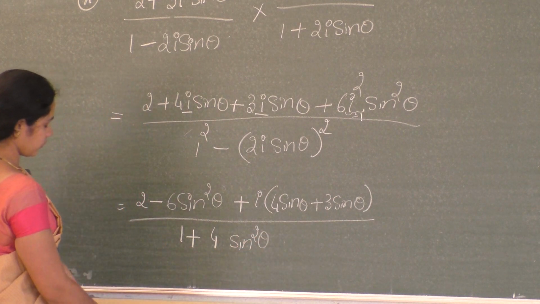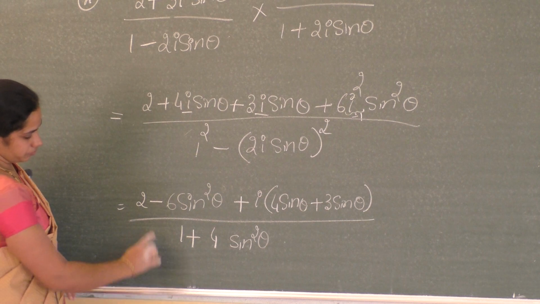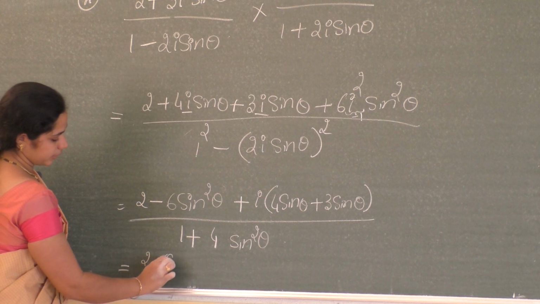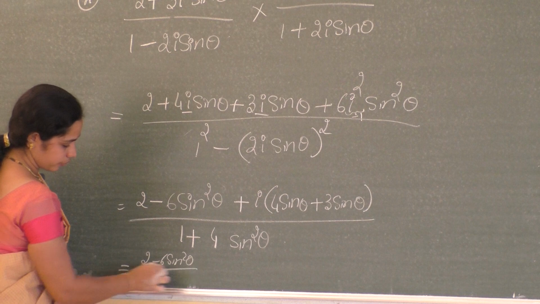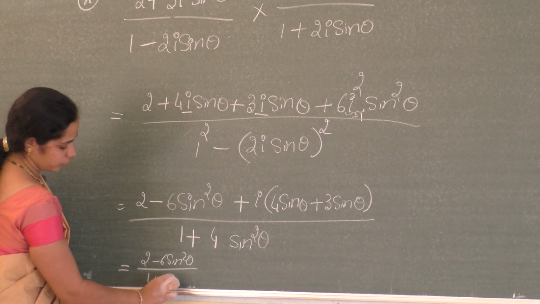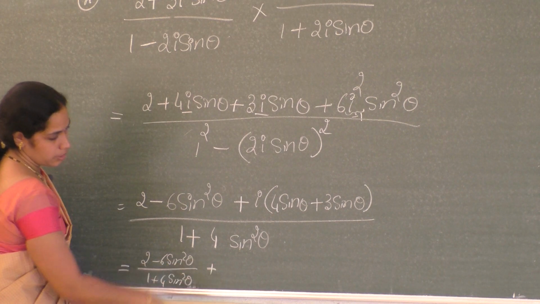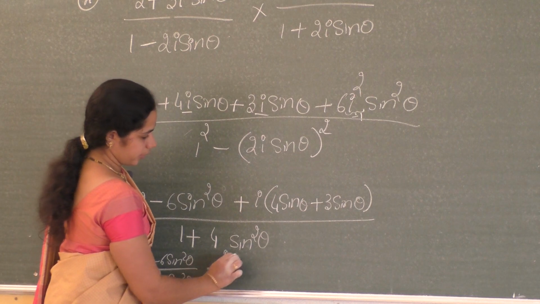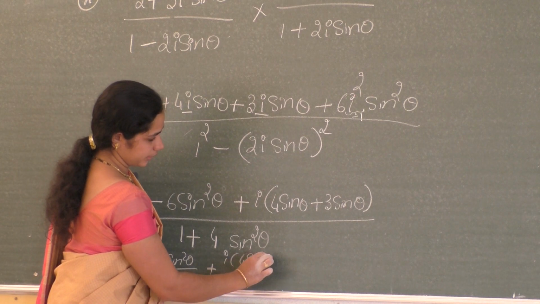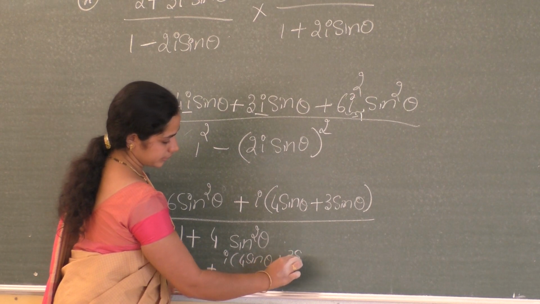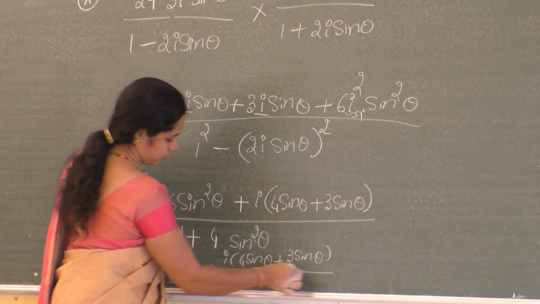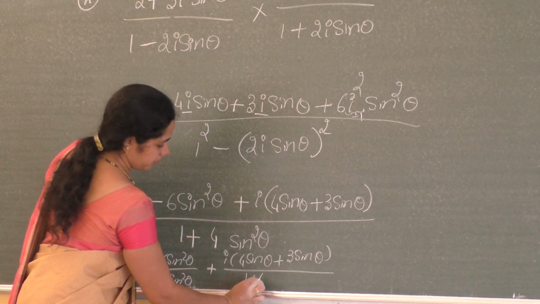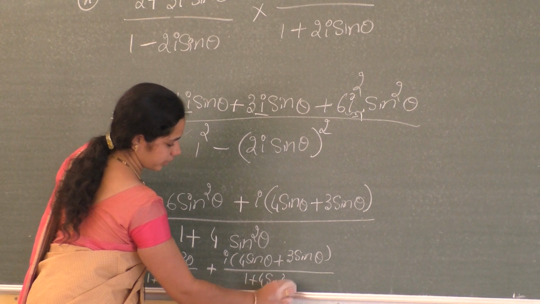Now it can be written as (2 minus 6 sin square theta) divided by (1 plus 4 sin square theta) plus i into (4 sin theta plus 3 sin theta) divided by (1 plus 4 sin square theta).